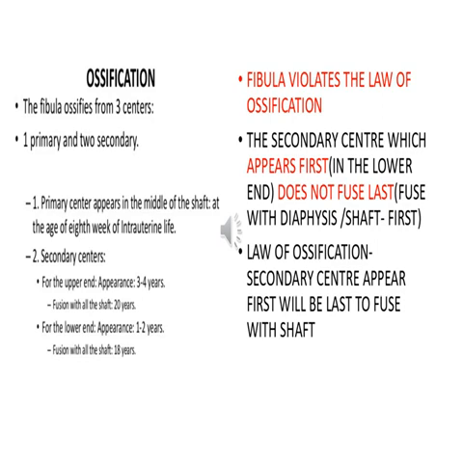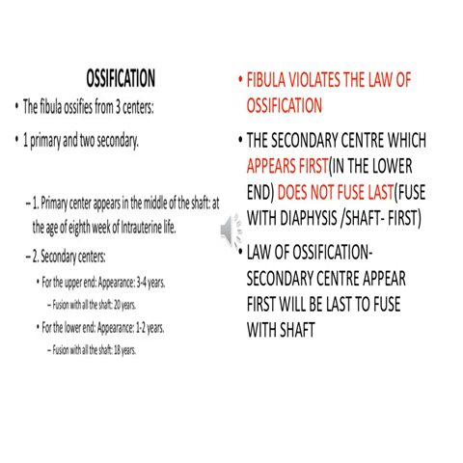Here, if you take the lower end of the fibula, it ossifies, appearing at 1 to 2 years, and fuses with the shaft at 18 years. For the upper end, it appears by the age of 3 to 4 years, but fusion is at the age of 20 years. So according to the law, the epiphysis that ossifies first will fuse last.